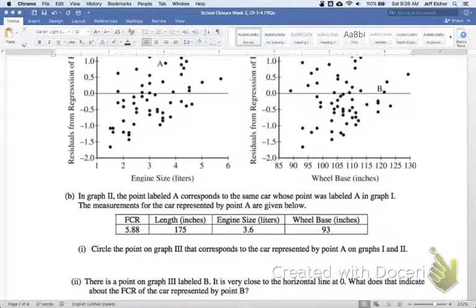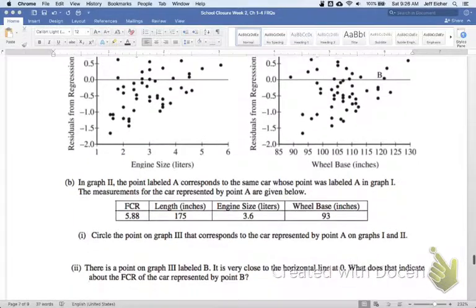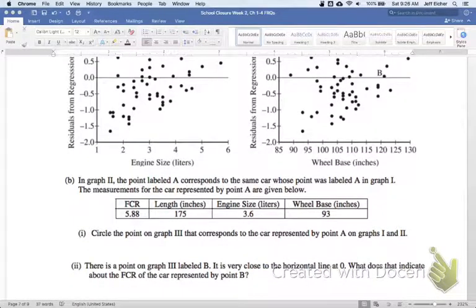Part B, II, says there's a point on the graph on the right, labeled B. It's very close to the horizontal line. What does this indicate about the FCR of the car represented by point B? So what this horizontal line is representing is that from the original graph, the FCR was very close to prediction using the length of the car to make predictions. So this point B is very close to that.